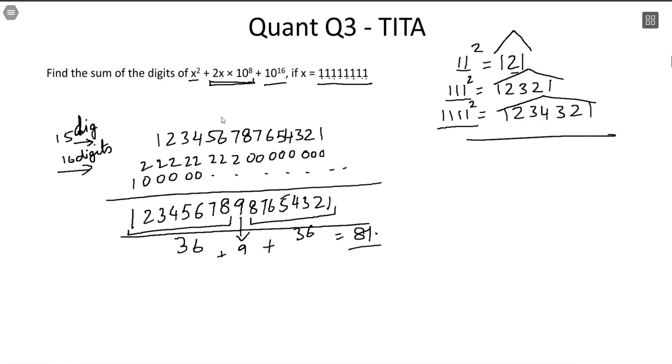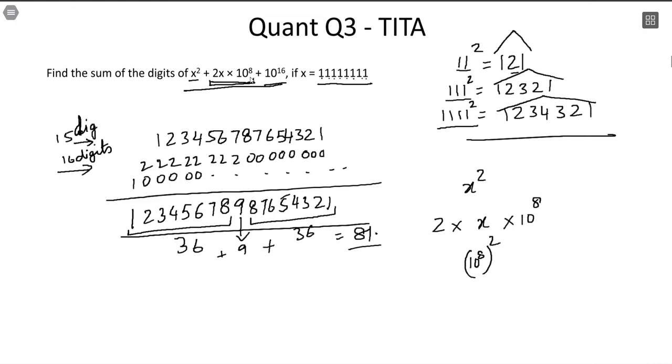Another way you could have potentially reached this was, if you look at this expression, it is slightly familiar. Hopefully you can see it is x square plus 2 into x into 10 raised to the power 8 and 10 raised to the power 8 whole square. This is the sort of number that we are dealing with.